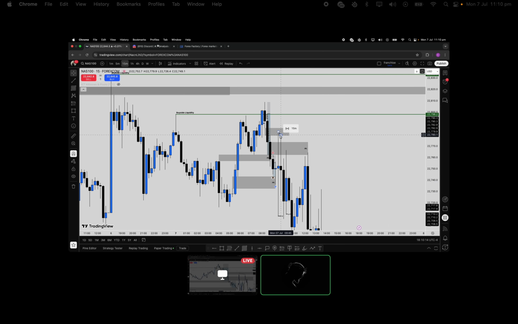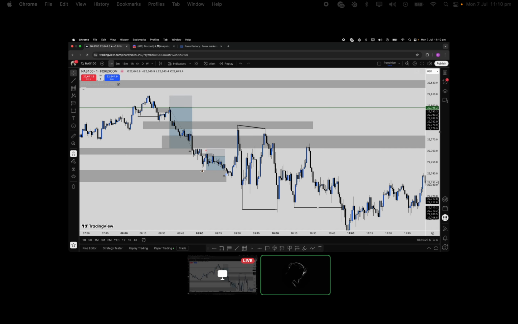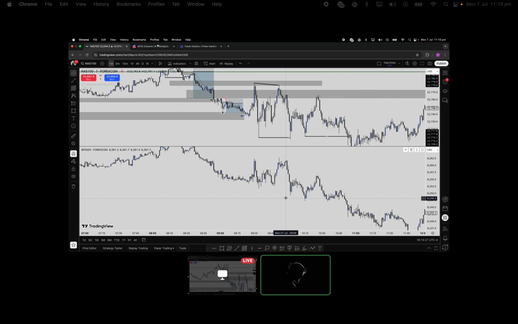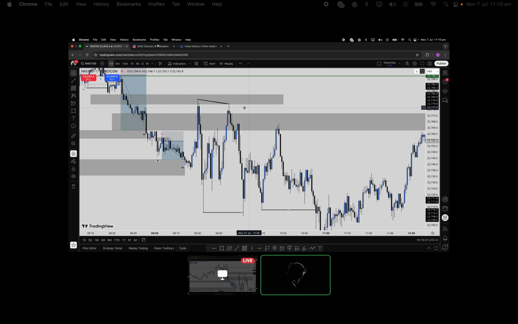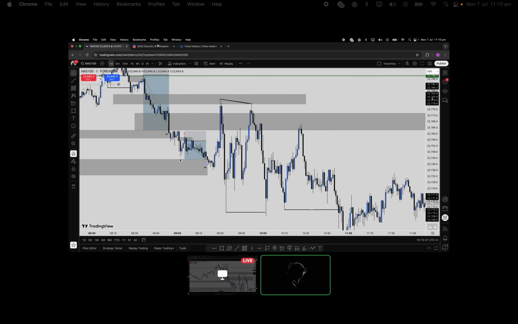Yeah, 15-minute here and also 15-minute there. So we come up, get SMT on it, even higher confluence, as you can see. And then where do we go? Back to ERL.